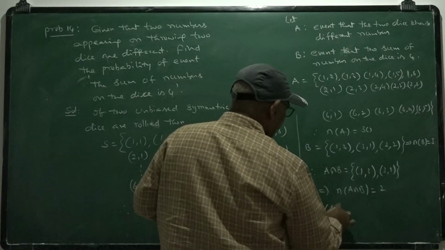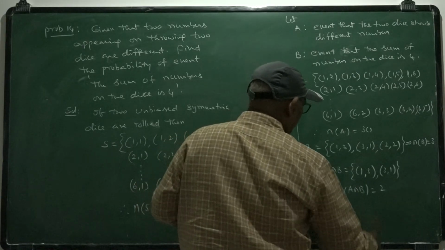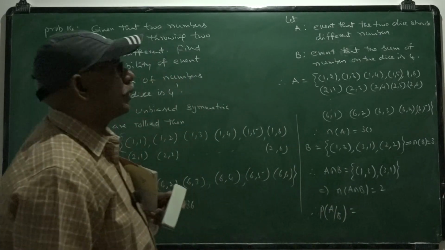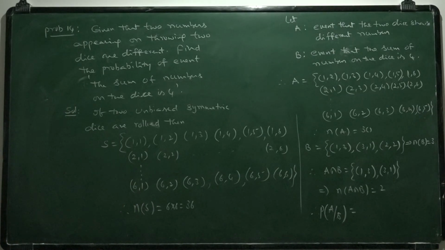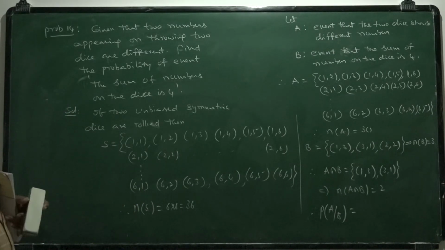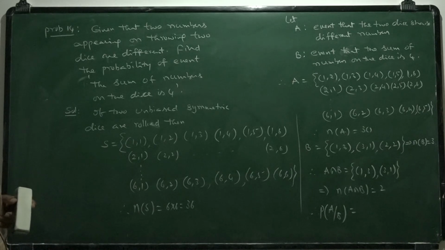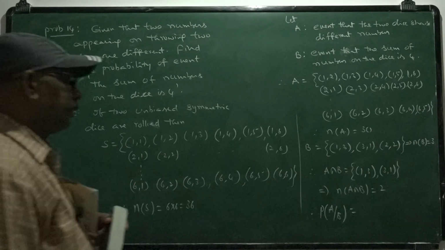So the required probability. The required probability is that of getting two different numbers given that the sum is 4.